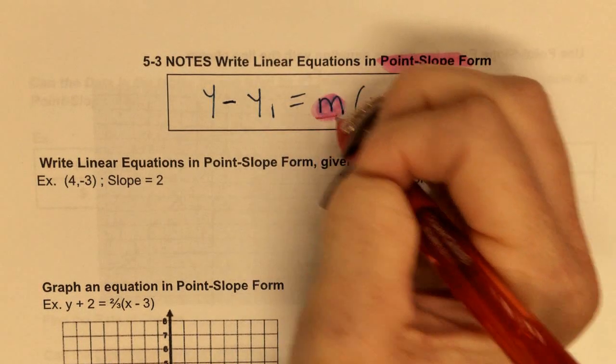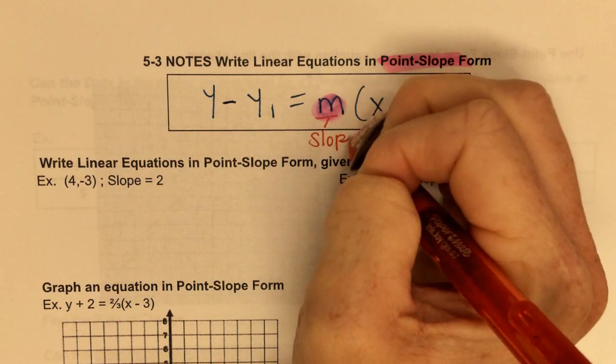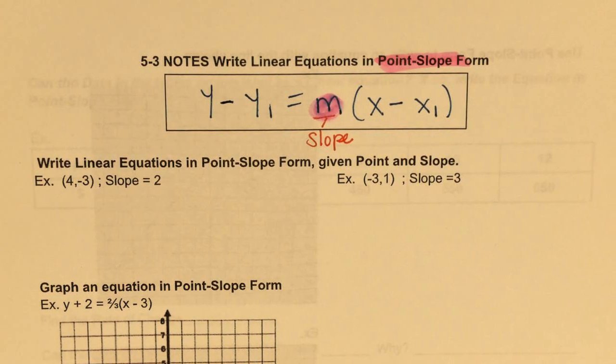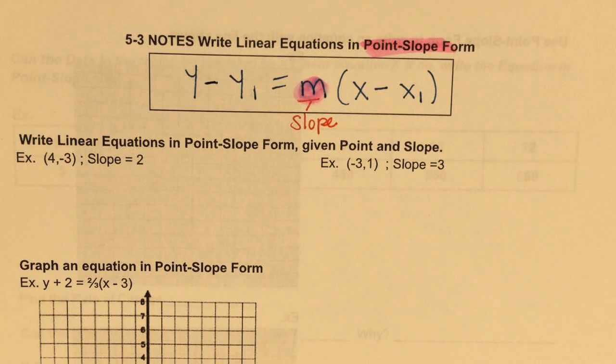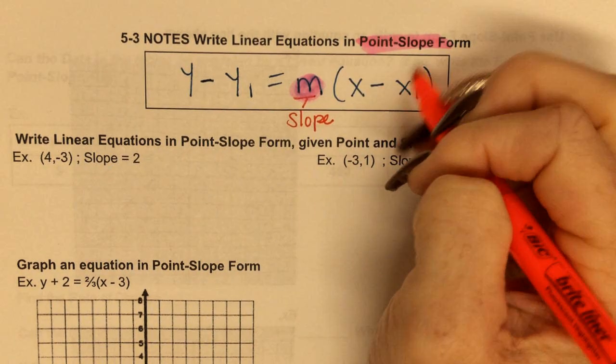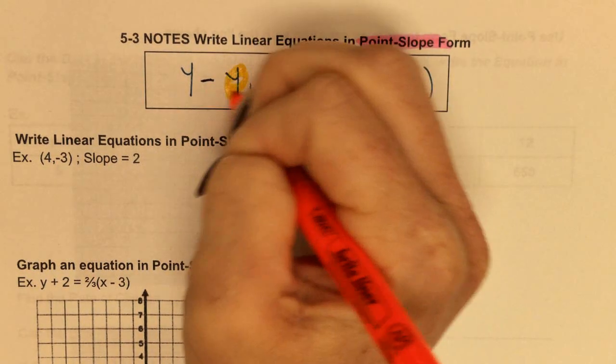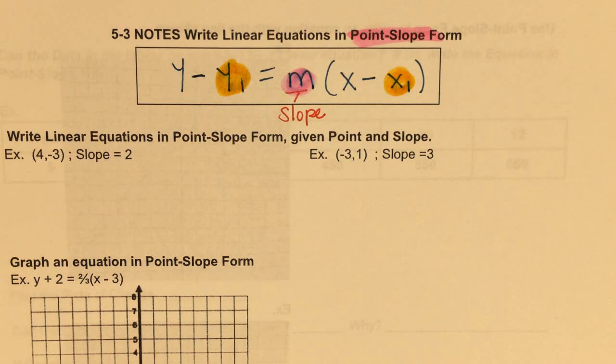The m is the slope. And the x1, y1, this right here, and this right here, those are your coordinates.